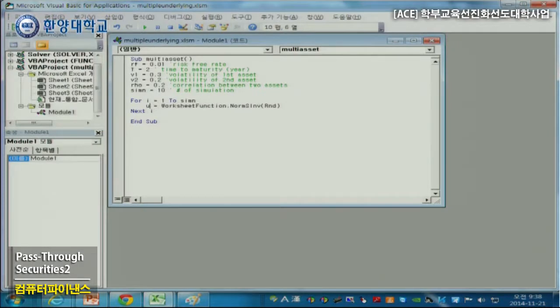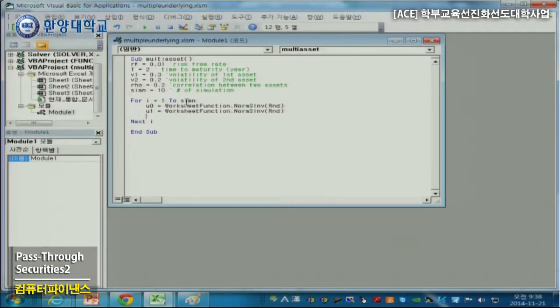Actually, let's define this one as U0. And then second random variable U1. So I generate two random variables from standard normal distribution, but they are independent of each other, right? And I want correlated random variable.